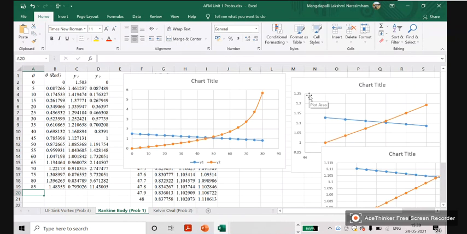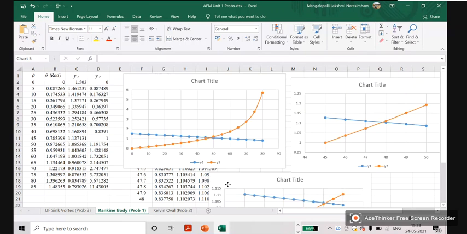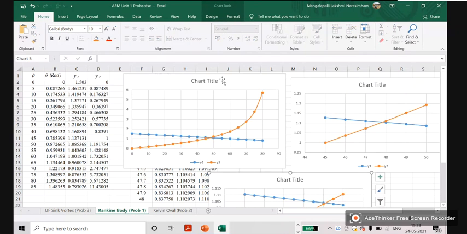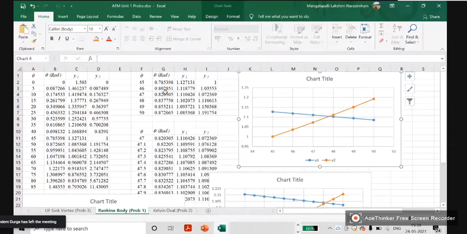So as the next trial, I have taken 45 and 50, because I got it between 45 and 50. So from 45 to 50 I have drawn.